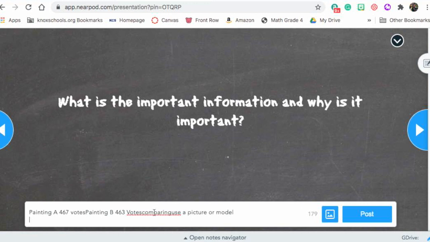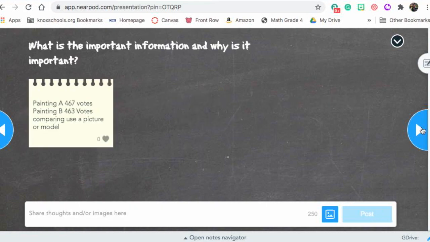The important information is painting A, 467 votes, painting B, 463 votes. I'm comparing and I'm using a picture or a model. That's the important information that I pulled out of that problem.